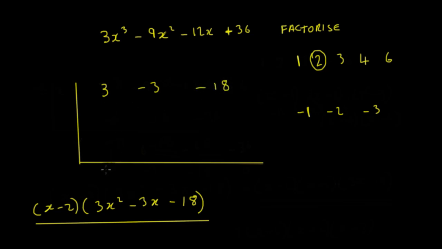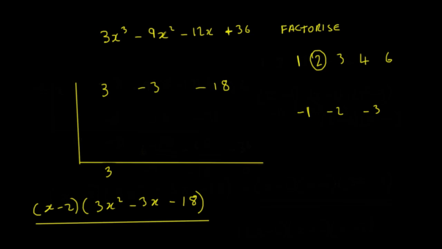So we start off at 3 and we're trying, well, let's try minus 1. So we put minus 1 in, so minus 1 times 3 is minus 3. We add these up, minus 3 plus minus 3 is minus 6, times the minus 1 is 6. When we add these we don't get 0, so minus 1 is not the value.